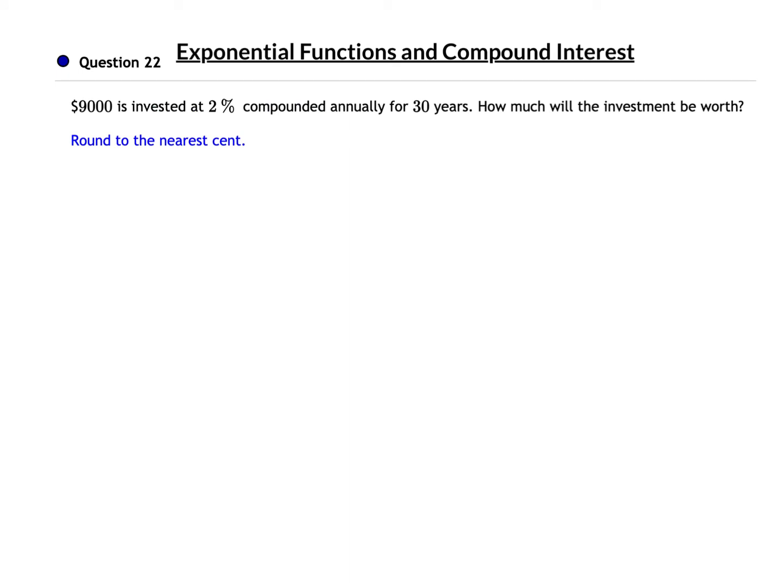Question 22. Y equal to start times 1 plus the rate to the power of x. This becomes y equals, we're doing 9,000 again, times 1 plus 0.02.